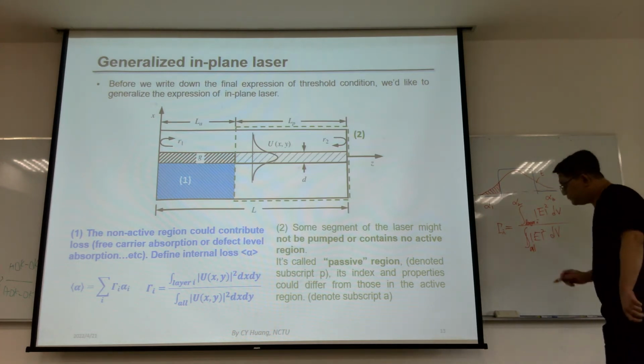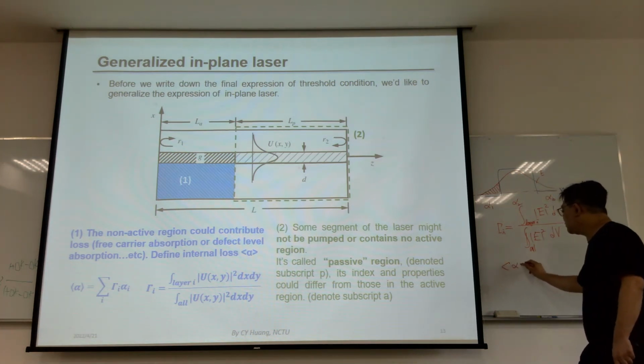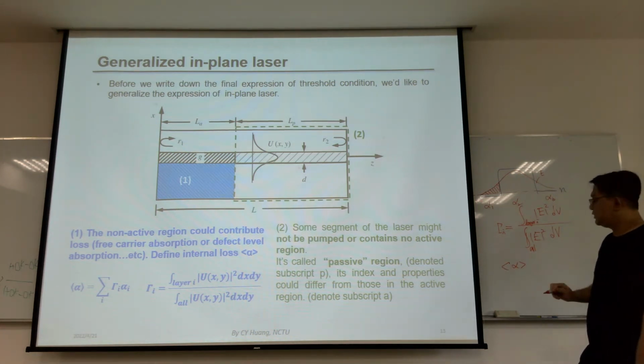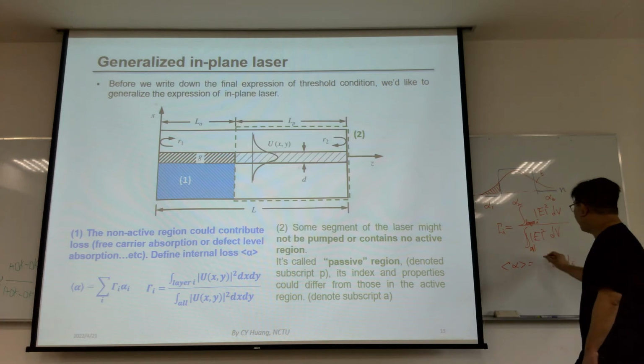Then the average loss is equal to the sum over i of gamma i alpha i.